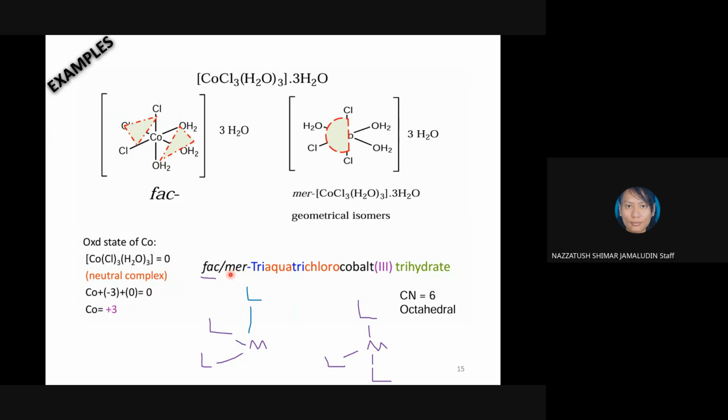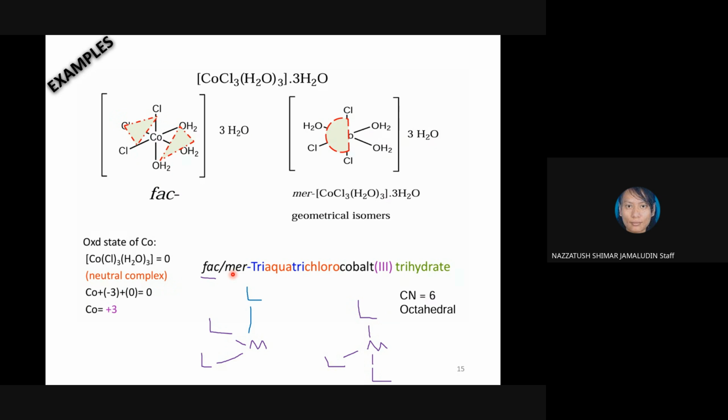So when you see FAC, facial means 3 identical ligands are positioned in a way that all of them are cis to each other, 90 degrees to each other. When you see meridional, it means that all the 3 identical ligands, it has to be the same ligands, 2 of them are cis to one of the ligands, and there's a trans.